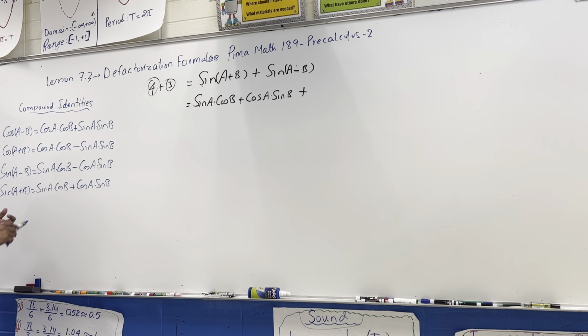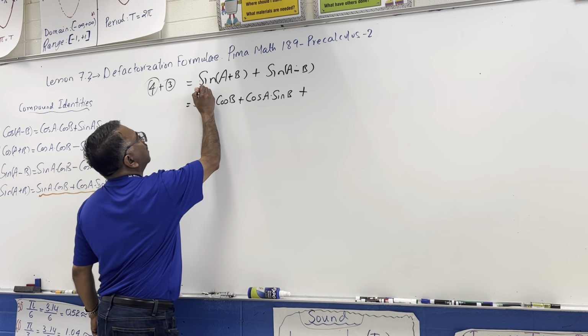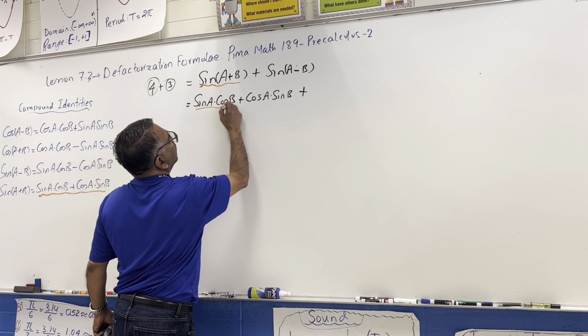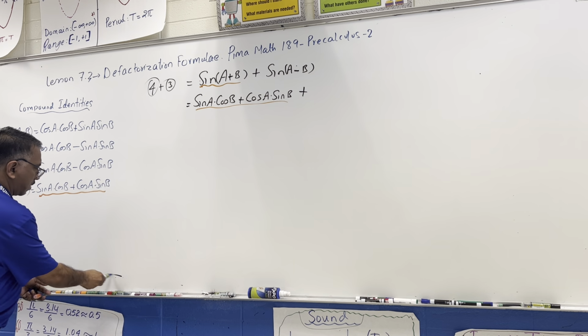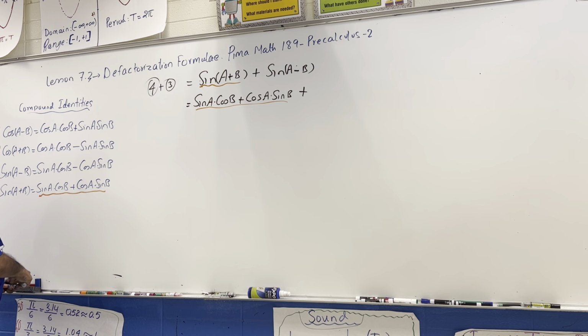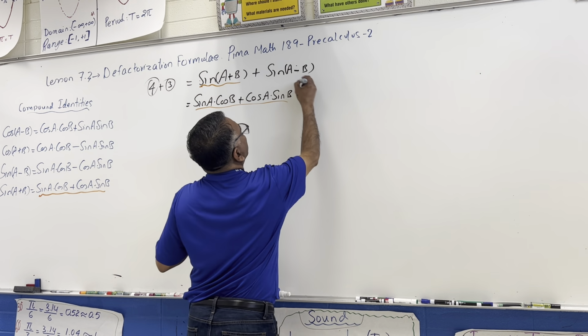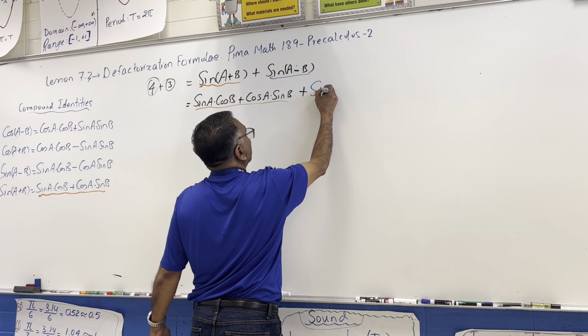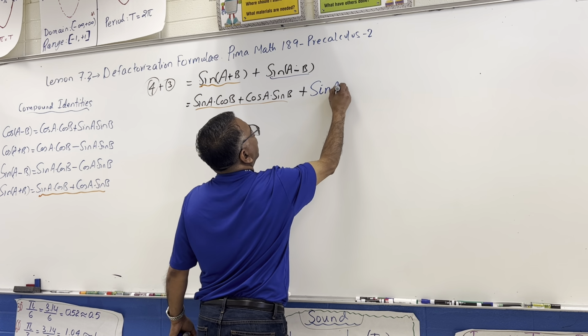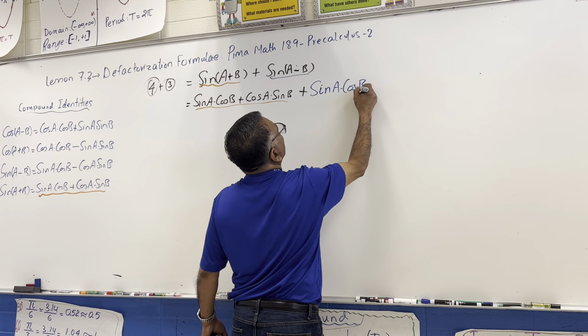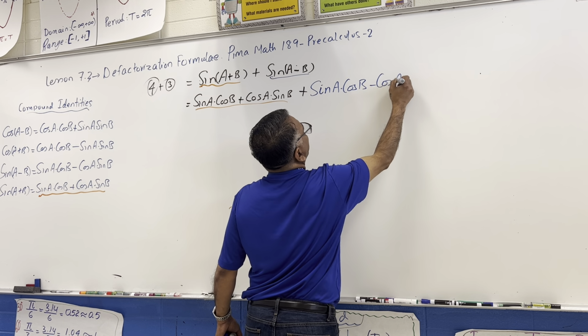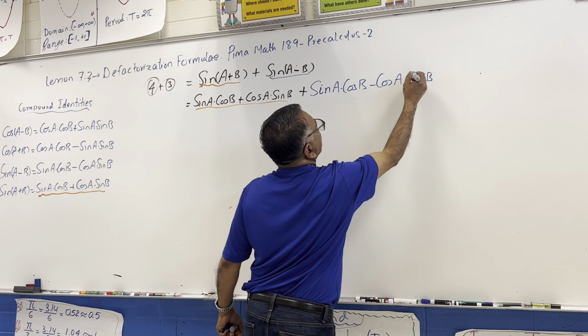I copy paste this part here, and the second one, sine A minus B, is sine A cosine B minus cosine A sine B.